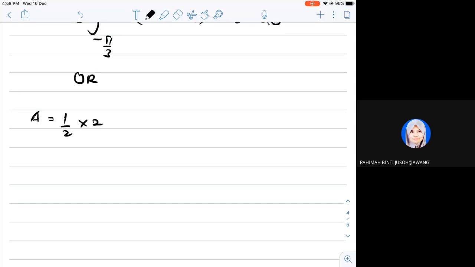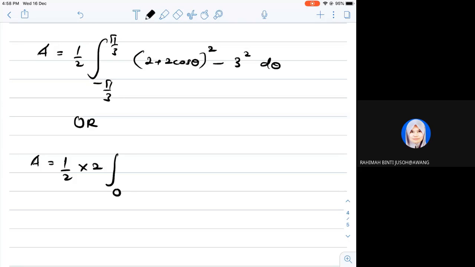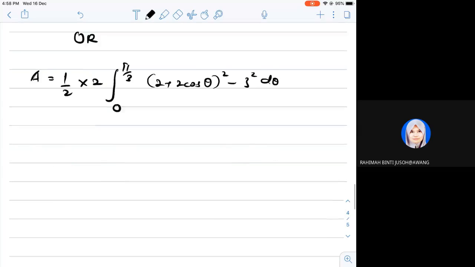Why do I multiply by 2? Because I consider the angle from 0 until pi over 3. And the function inside here should be the same. So cardioid minus circle. So we will have 2 plus 2 cos theta minus 3 squared d theta.